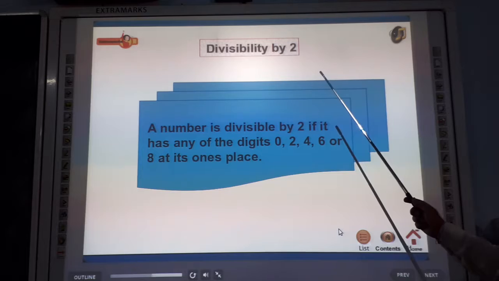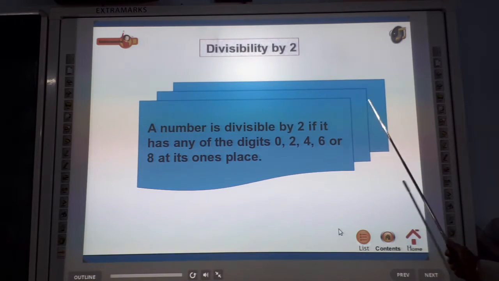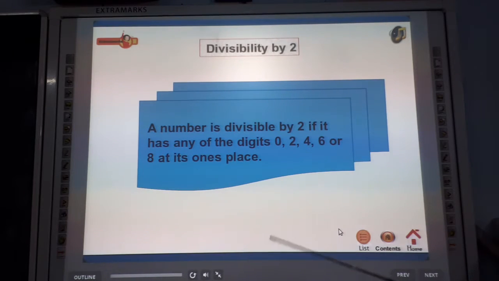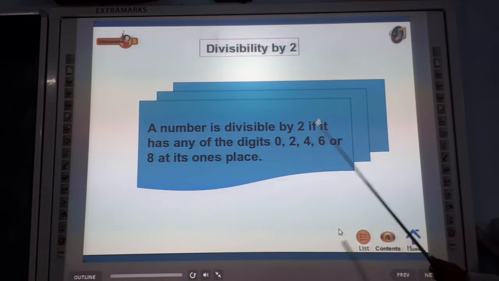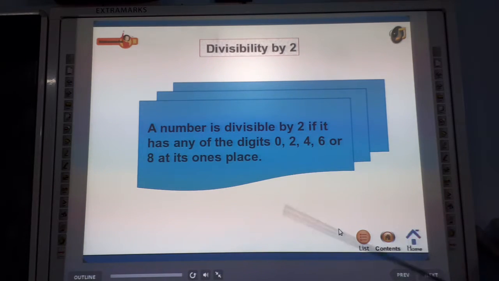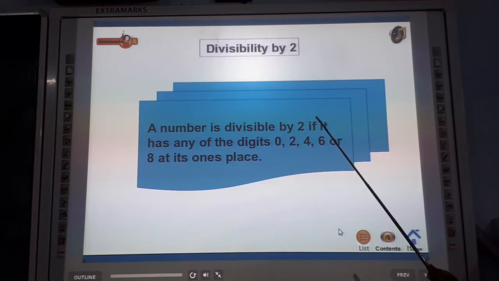Now next is the divisibility rule by 2, and for this the unit place digit should be even. Even means the unit place digit should be 0, 2, 4, 6 or 8. If the unit digit is 9, it is not divisible by 2.